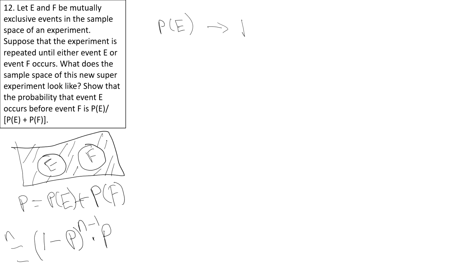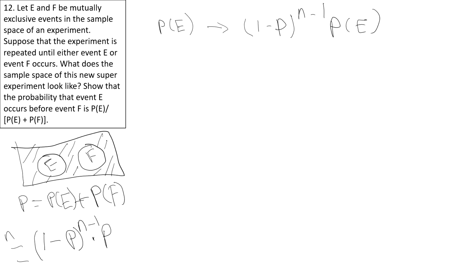It can be that in the first attempt we got E. Or there is one time it didn't come, then E came, then p complement p, like this. If you notice the pattern, if there are n events, this is 1 minus p to the power n minus 1 times PE. This is the probability that E happens before F happens.